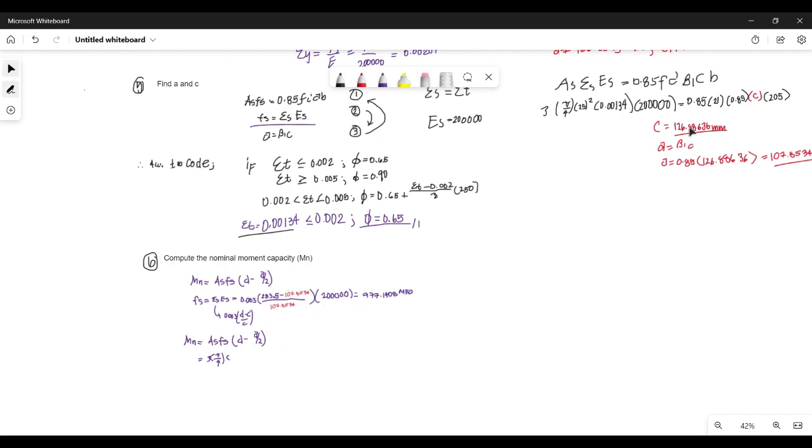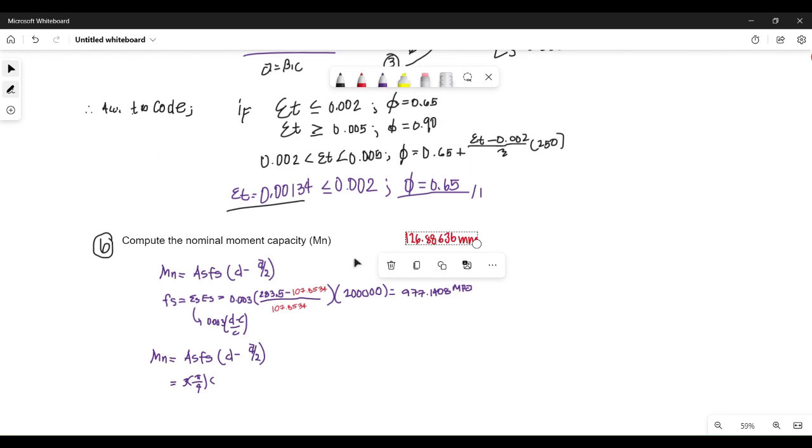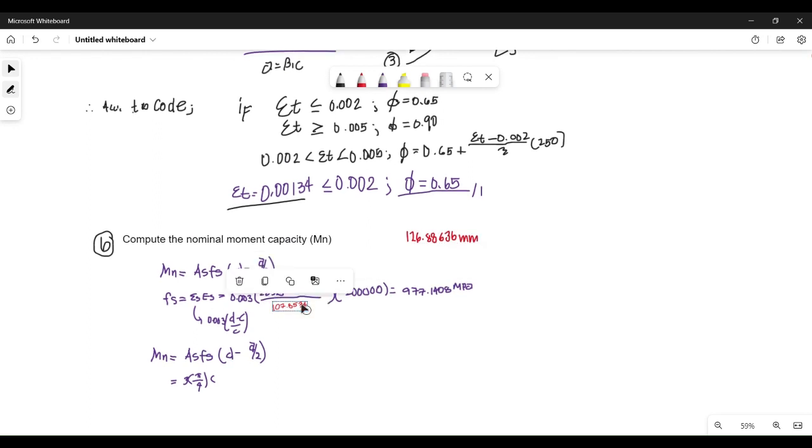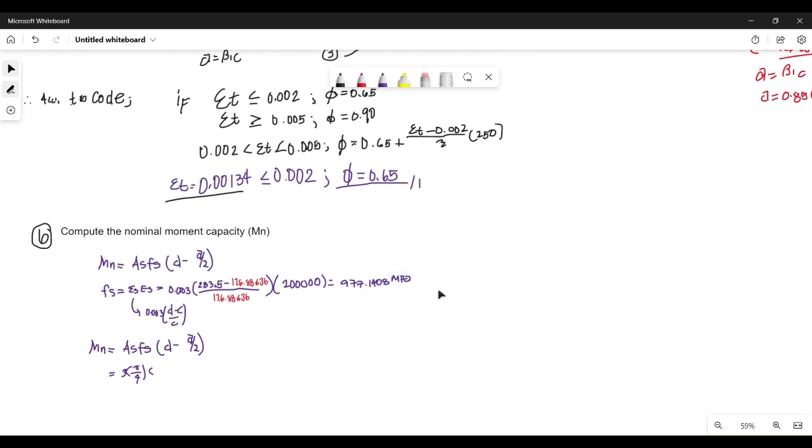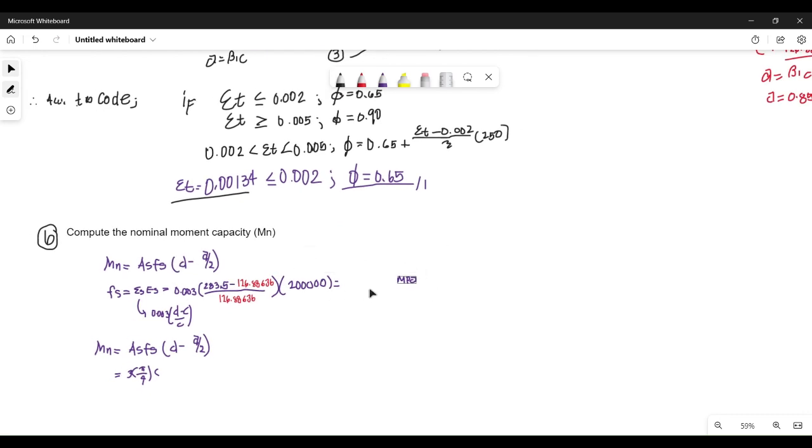Our C is 126. So we have to change this one also. Our value here will change.